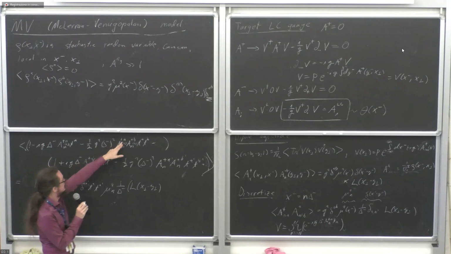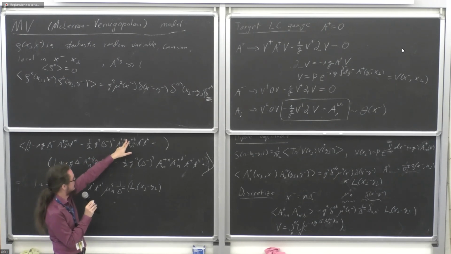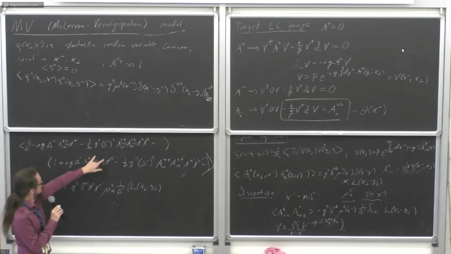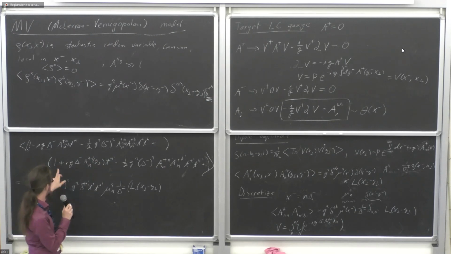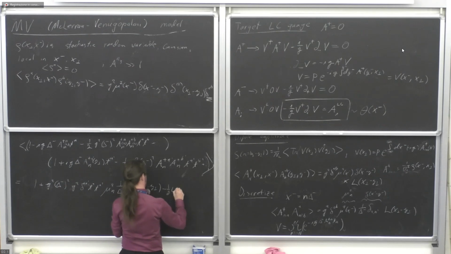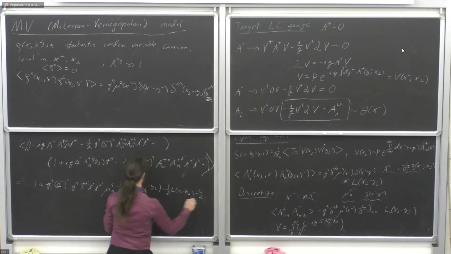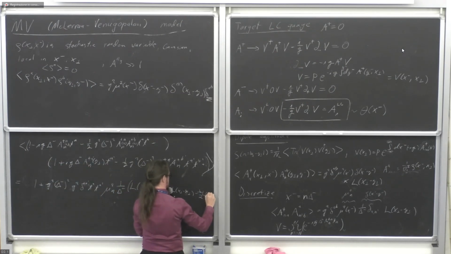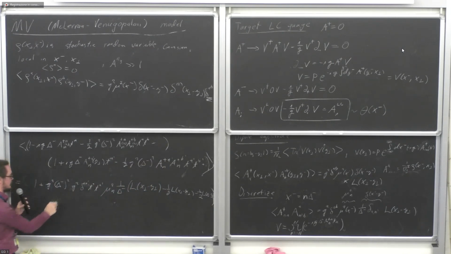And then I have a Kronecker delta A, delta AB times T^B. So this structure is the same. So the expectation value of this term, together with the 1 here, just gives me a minus 1/2 L of x perp minus x perp, right? And then the same thing for this term. It is a minus also y perp minus y perp, and then a bracket. And this factor multiplying them is the same.